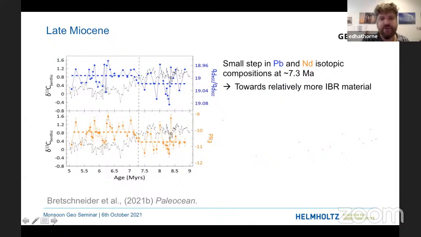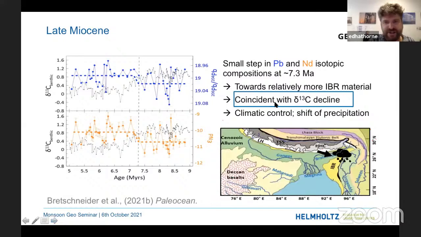And this is coincident with this delta 13C decline. And this also suggests there's a climate control. There's a shift of precipitation, or it could be that the precipitation elsewhere became weaker, and it was just making the silicate weathering still happen over here where the rainfall is most intense.